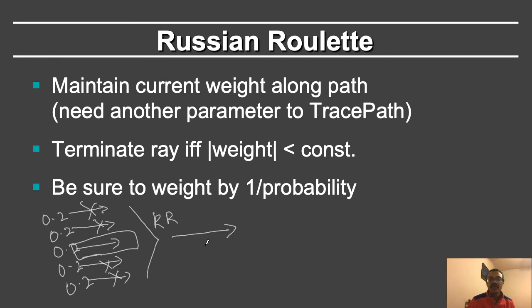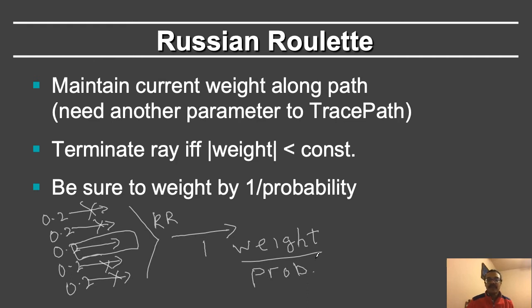This ray now should have a weight not of 0.2, but it should have a weight of 1 so that it is unbiased. The way in which we calculate this, like many things in importance sampling, is simply the weight divided by the probability.